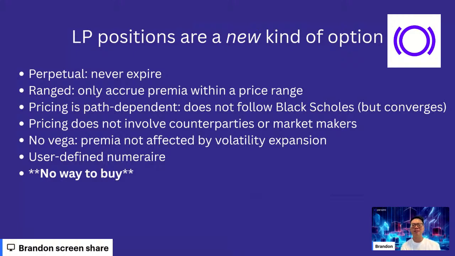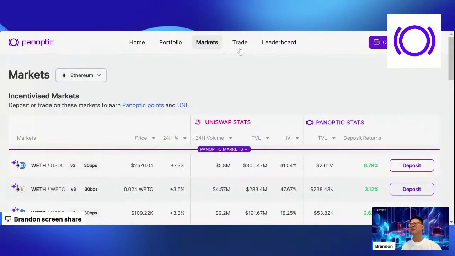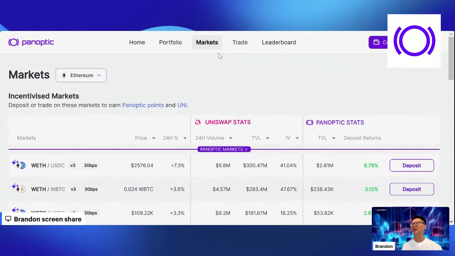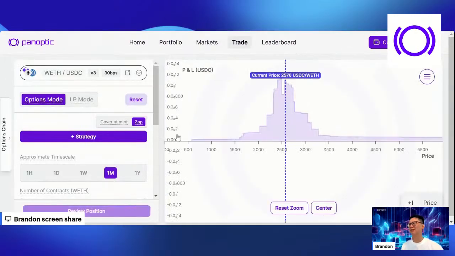You can do these things called straddles that are really cool, and I'll show you here on the trade page. You can do these things where it doesn't matter which way the price goes. You're going to actually profit if the price moves enough. This is kind of a mind-blowing thing when people first get into options, that you can make money whether or not the price goes up or down, right?